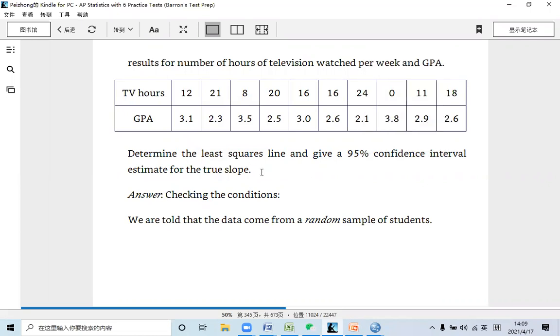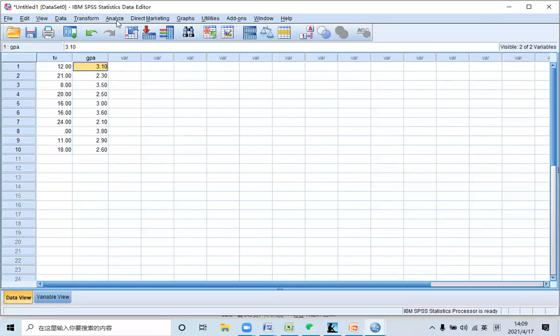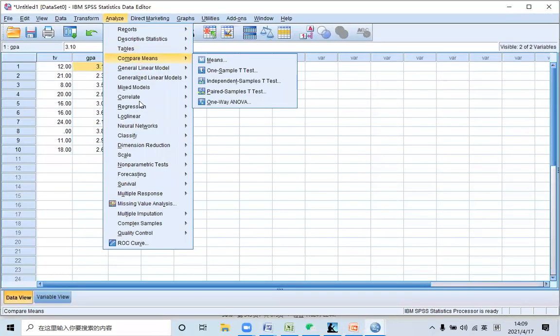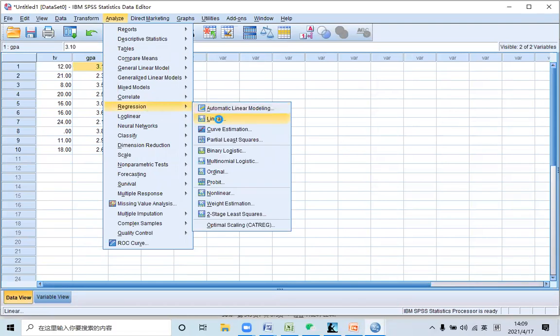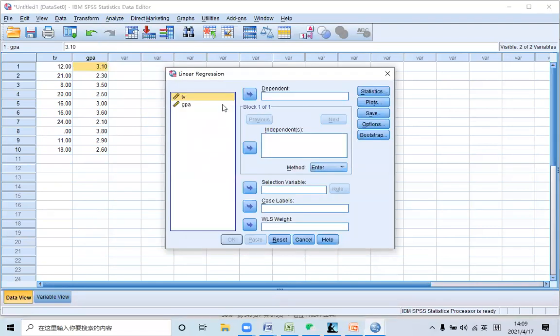To get the confidence interval, we need to get the slope first. So I'm going to do a linear regression. The dependent variable would be GPA. TV watching is the independent variable.